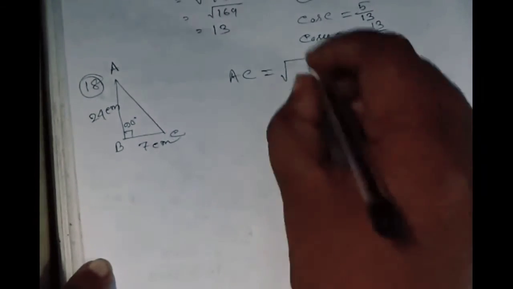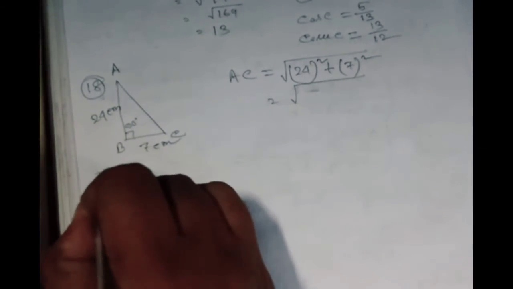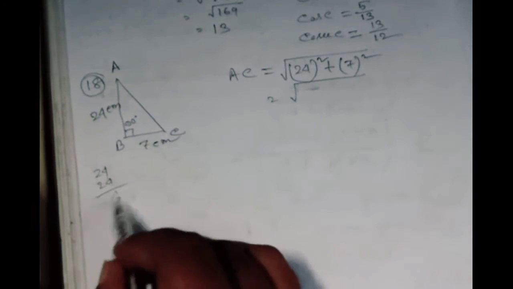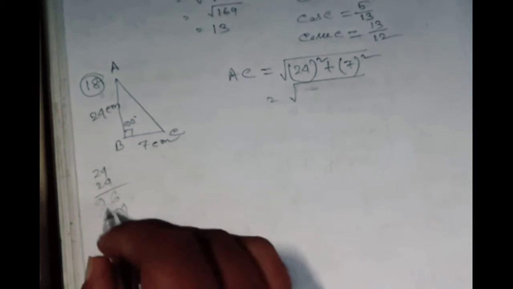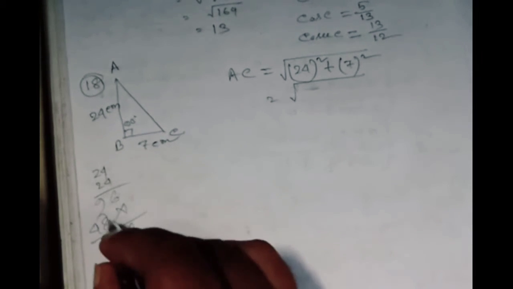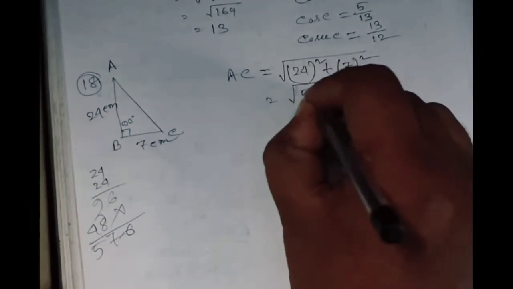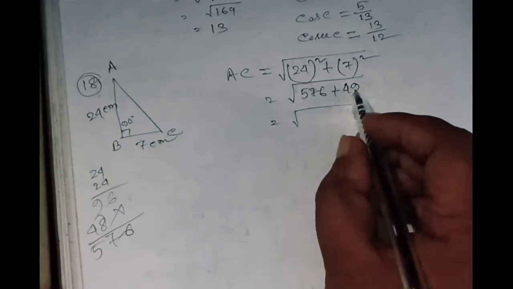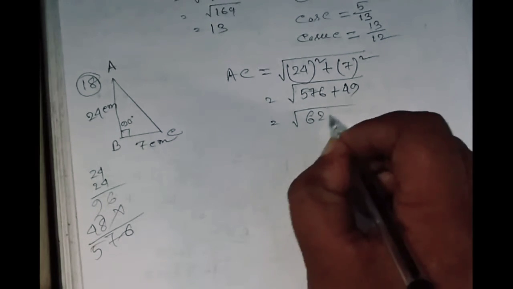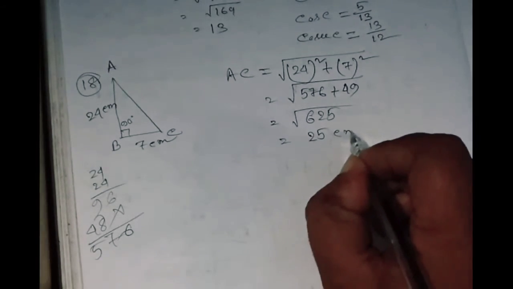AC is equal to root over of 24 centimeter square plus 7 centimeter square. Okay, 24 means 24 into 24, 576. So 576 plus 49, so that's equal to root over of 625, that root over of 625 means 25. So AC is equal to 25 centimeter.